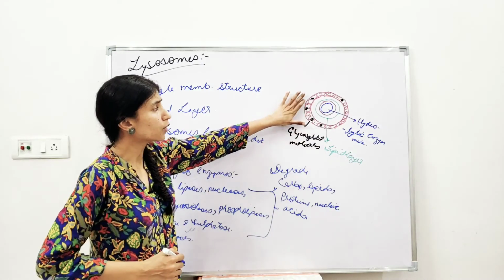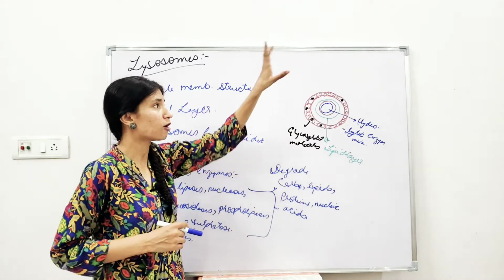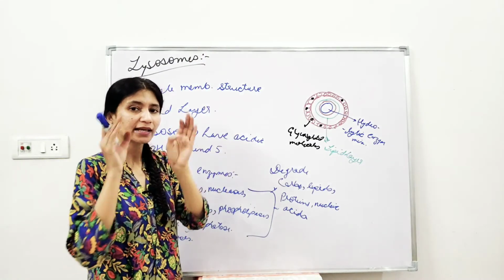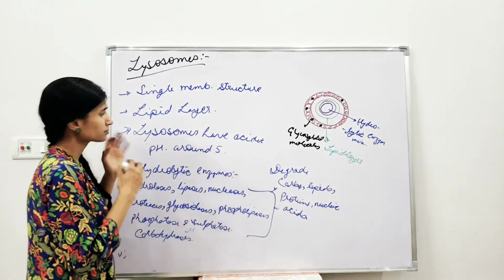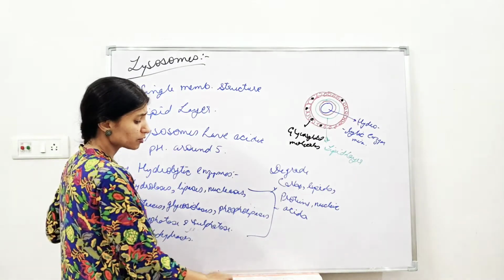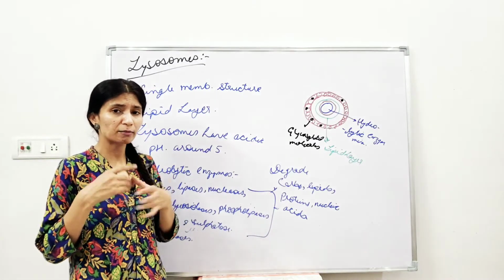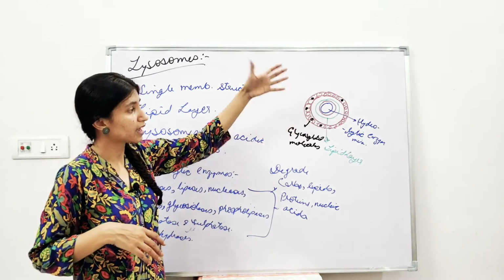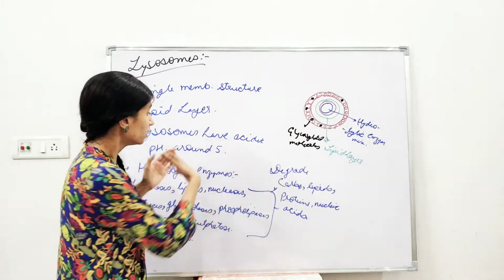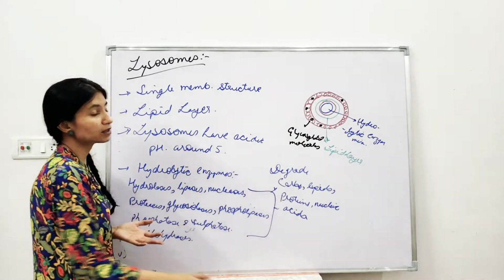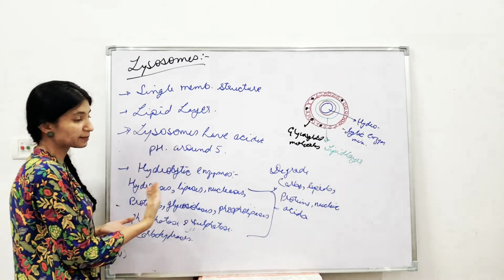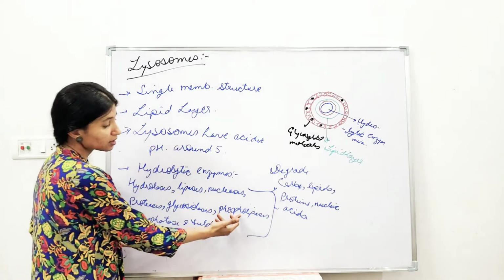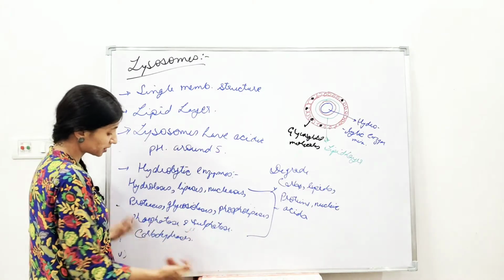And how are these formed? These lysosomes are formed by the Golgi only. Okay, these are the vesicles which are formed from the Golgi, and that is a single membrane structure. They have a lipid layer, with the glycoprotein, that is the glycolipid, being formed in the form of vesicles, in the form of lysosomes, and they have the acidic pH, around 5, and these different types of hydrolytic enzymes: hydrolases, lipases, nucleases, proteases, glycosidases, phospholipases, phosphatase, sulfatase, and carbohydrases.